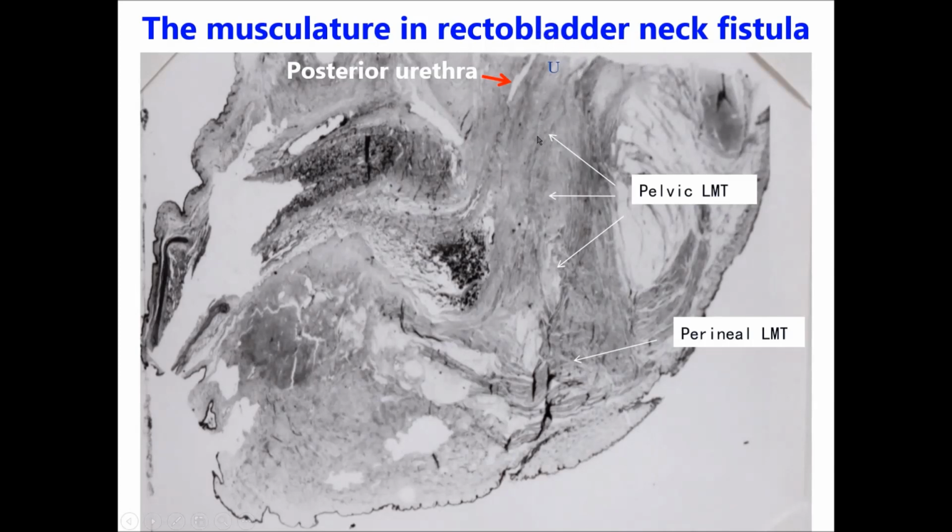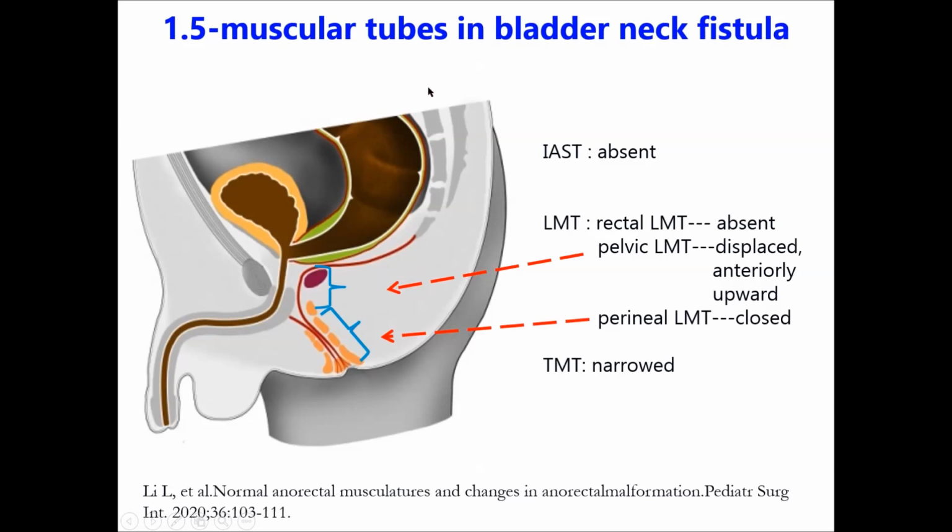The longitudinal muscle from the levator is displaced upward and anteriorly to the posterior urethra, and it consists of two parts, the pelvic longitudinal muscle and the perineal longitudinal muscle in high ARM. In summary, in high ARM, only 1.5 muscular tubes existed.